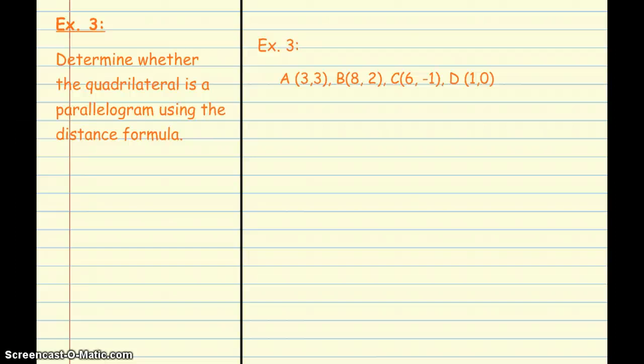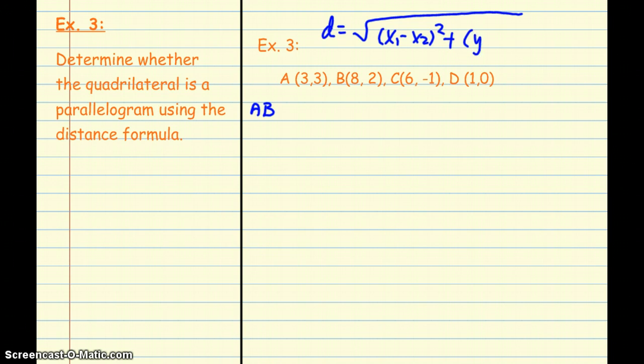So first of all, I'm going to find the length of AB. And again, our distance formula: we subtract the x-coordinates, square them, add the squaring of the difference of the y-coordinates, and then solve.